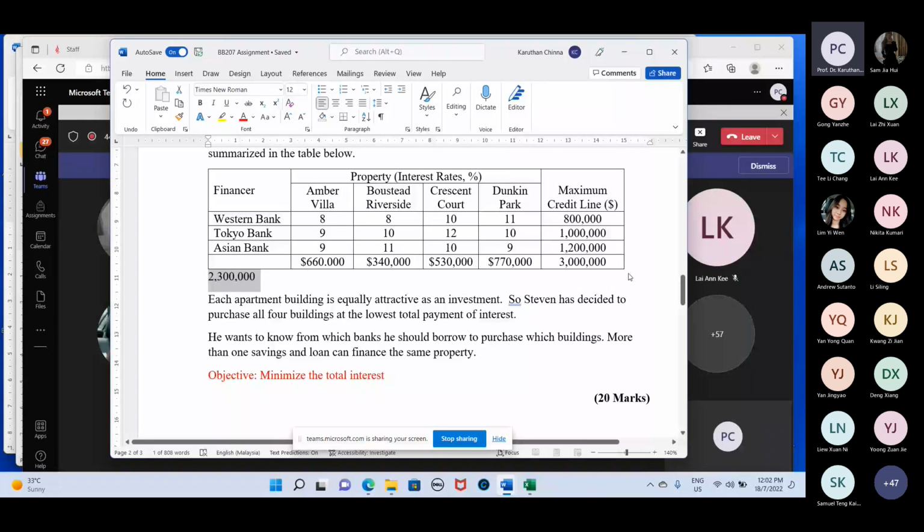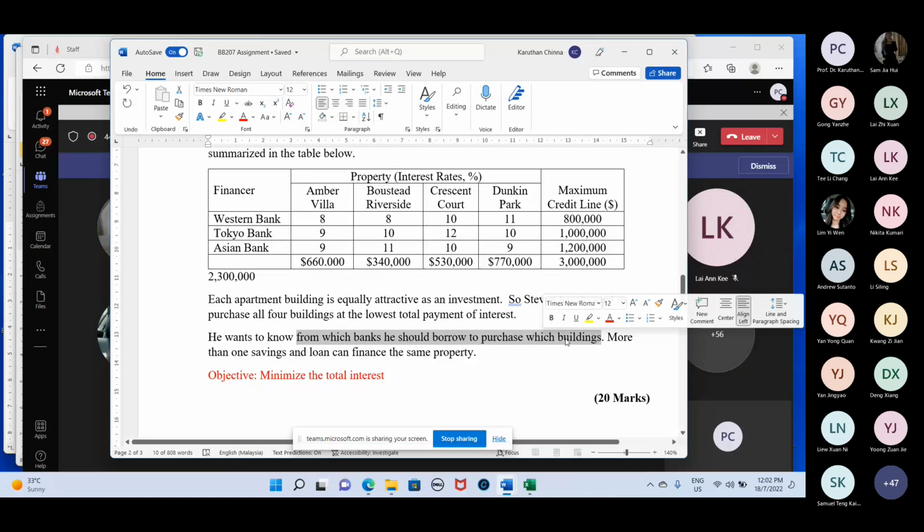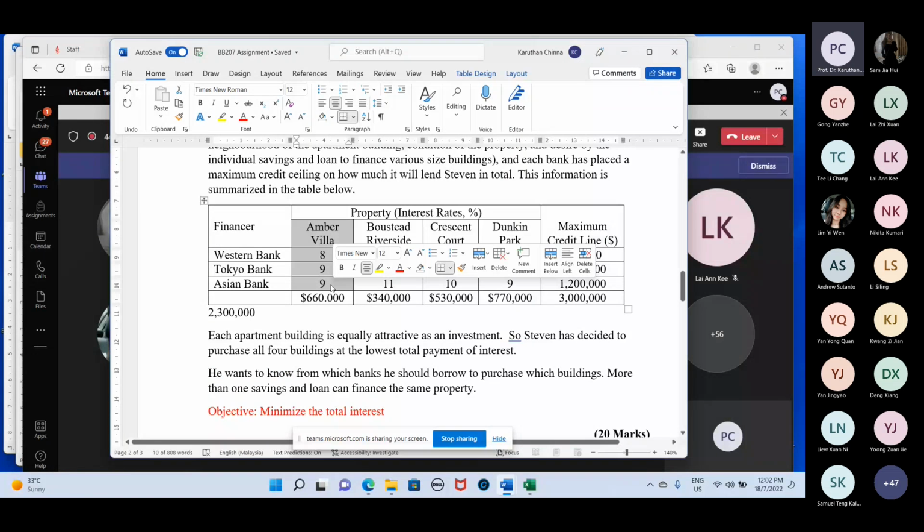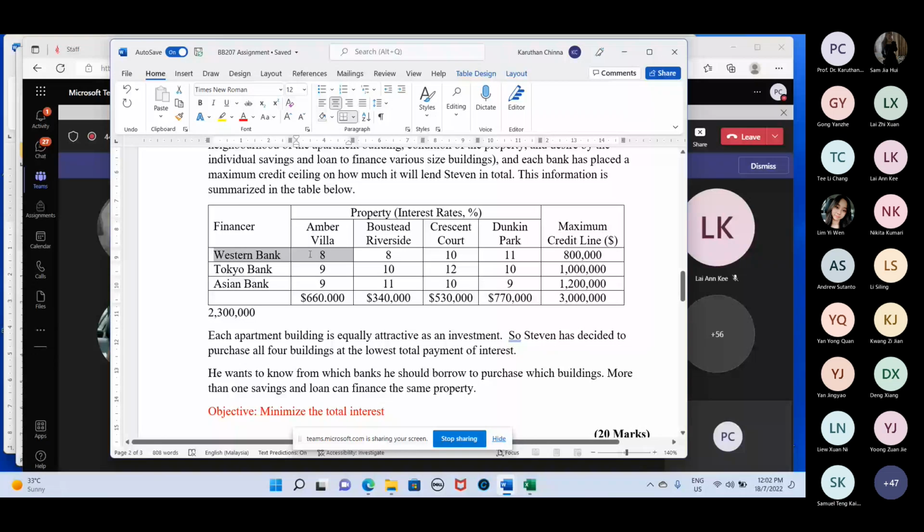He wants to know which firms to borrow from to purchase the buildings, right? But ultimately, the cost of the building is there. You can't change it. But for each building, let's say Amber Villa, we take from different banks, the interests are different, isn't it? The same Western Bank for different properties, they charge different interest, right?